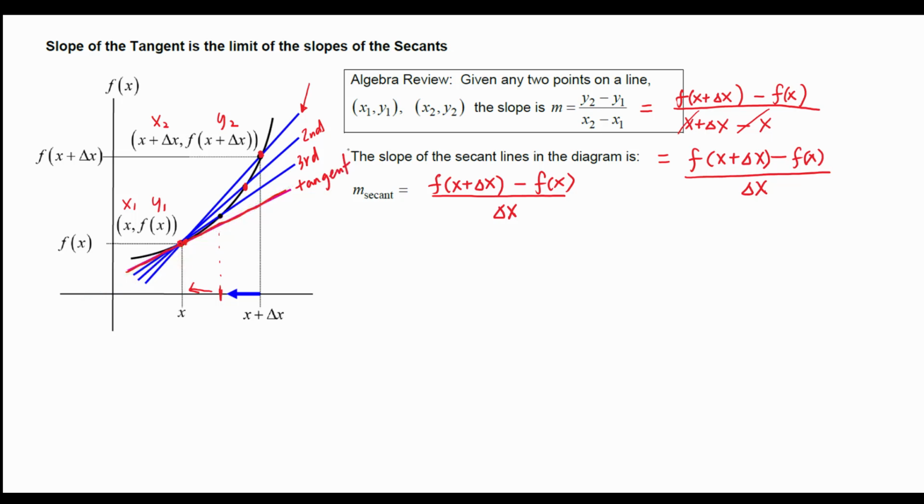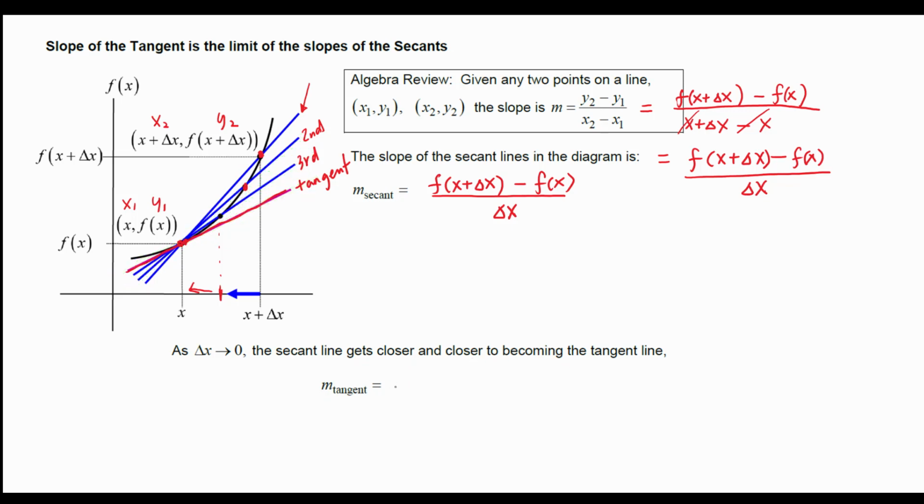We did learn the limit from chapter 1, and this is the reason why, so that we can come up with the derivative function. We can come up with a slope function. We can come up with the instantaneous rate of change of a function. As delta x approaches 0, the secant line gets closer and closer to becoming the tangent line.